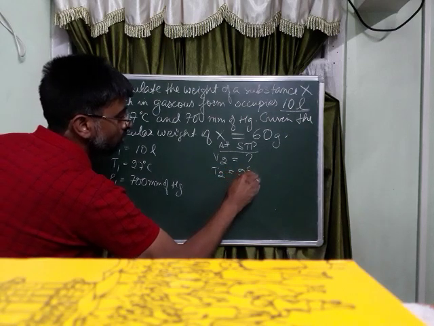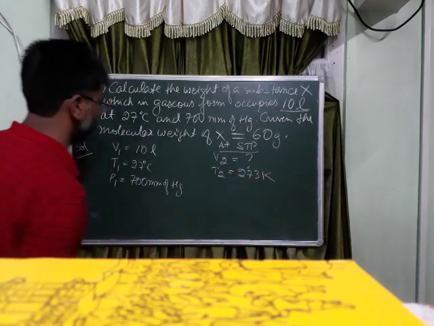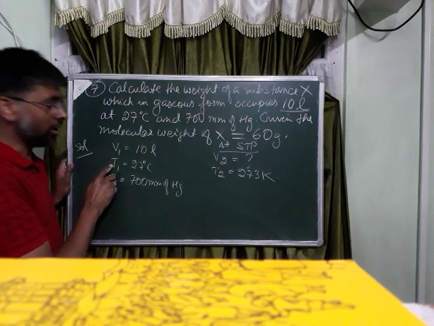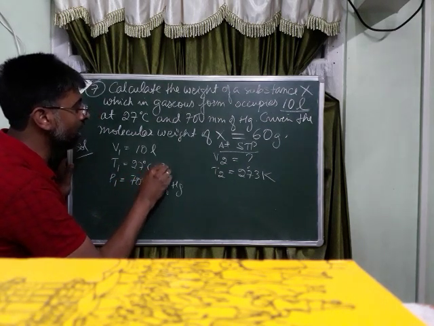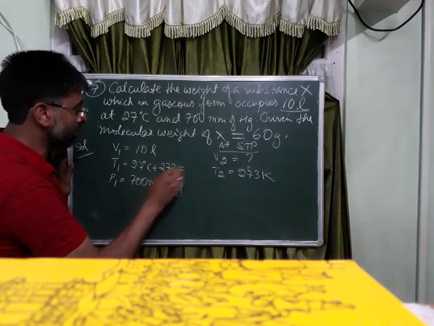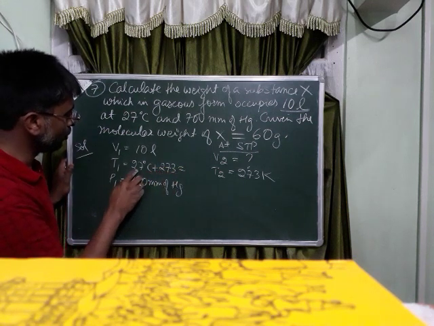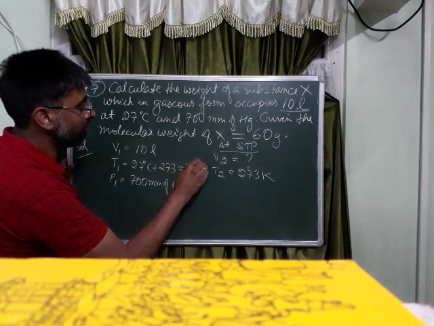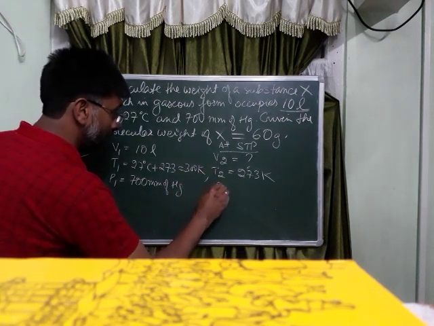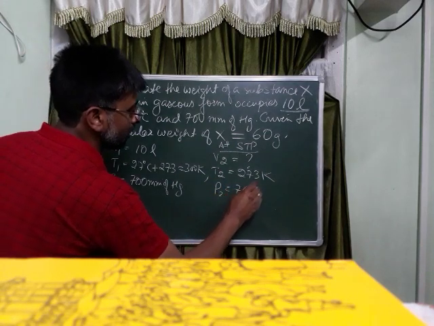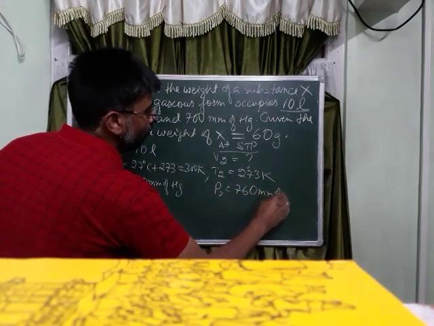Temperature is 273 Kelvin. So here the initial temperature is 27 degrees Celsius. So we have to convert this into Kelvin. So add 273. This will give me 273 plus 27, 300 Kelvin. And at STP the pressure is 760 millimeter of mercury.